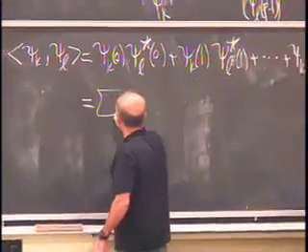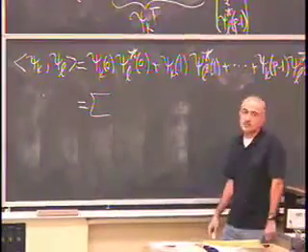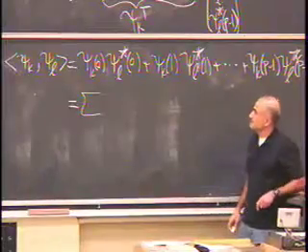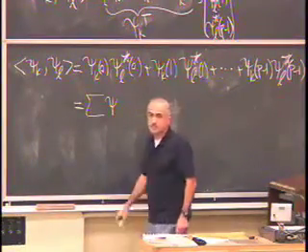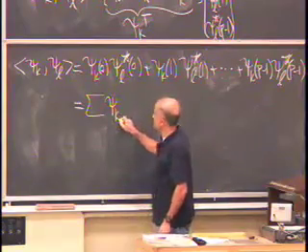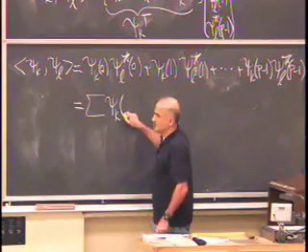Can somebody please put me out of my misery and tell me how to write this in a summation? C, K, I.